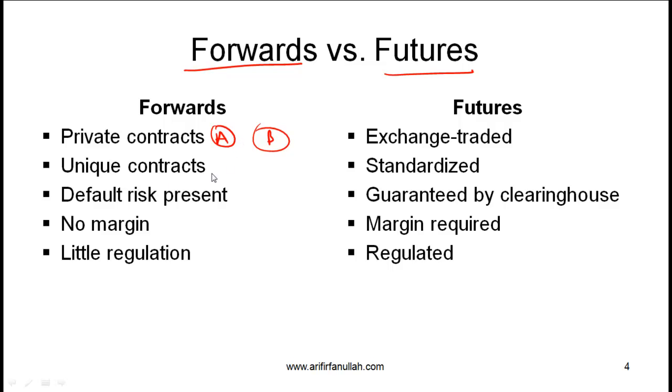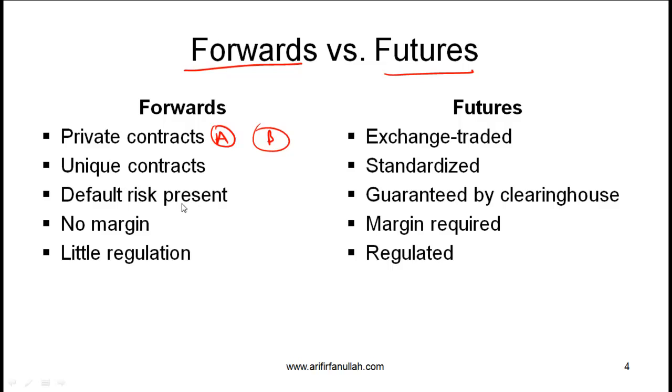They are unique contracts in that you can define a forward contract for any underlying as long as both parties agree. The contract can have terms and conditions agreed upon between A and B, the quality of the underlying deliverable, the delivery date, etc. So as long as the two counterparties agree, you can define a forward contract for anything.